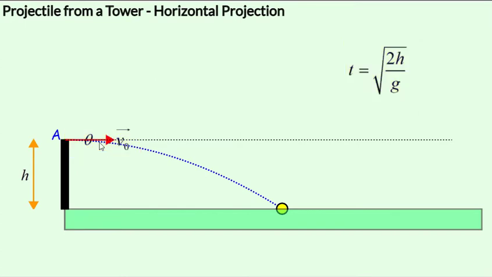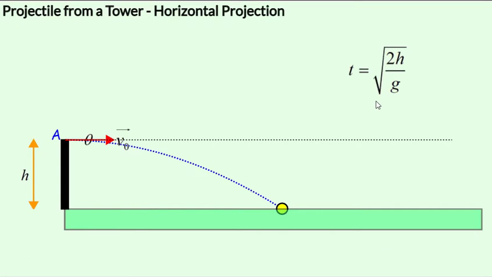So if we threw a ball horizontally from the top of a tower of height h with a speed of, let's say, 10 meters per second or 20 meters per second or 100 meters per second, it would take the same amount of time to land on the ground, which is the square root of 2h over g.